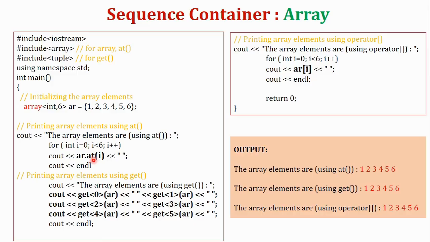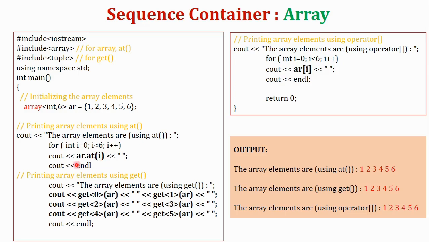It will identify the position, then get the corresponding value, then display it in each rotation. So automatically, for example, 0: what is the 0th location value? 1. Then first location value 2. Next location value 3. Next location value 4. Next location 5. Next location 6. So that is how the for loop rotates, and in each rotation it finds the value at the location, then displays it.